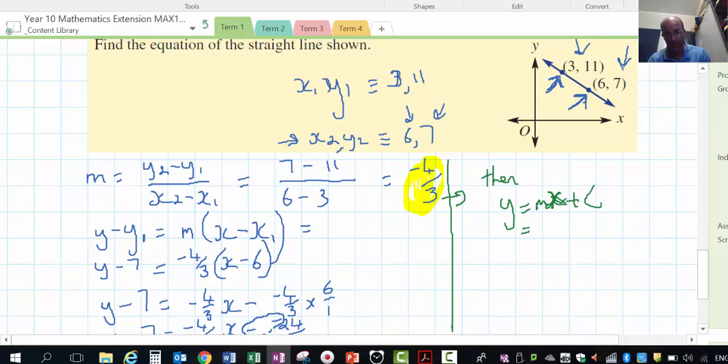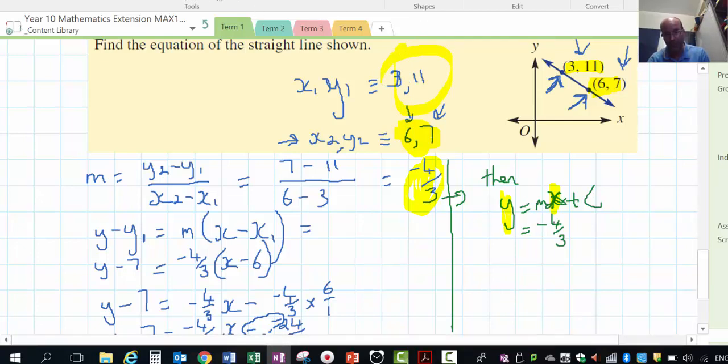Apologies, that came out a bit untidy. And then we've got m as the gradient, negative 4/3. Now what are we going to do here? We've got a y and an x. It just means you need to use one of the 2 points on the line, as long as it's on the line. Now last time I used that one, so just to show you, I'm going to use that one this time, as long as it's on the line.